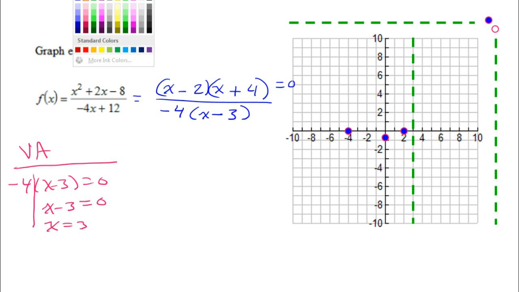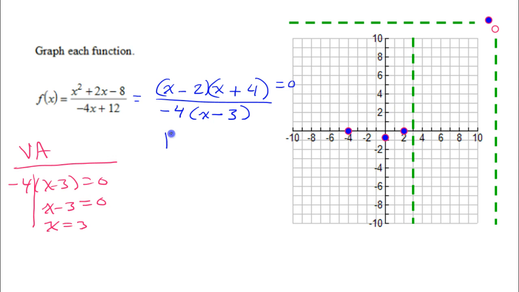What about horizontal asymptote? Alright, for the horizontal asymptote, that's all about degree. The degree of the numerator is 2 because of the x squared. The degree of the denominator is 1 because I just have plain x is the highest.